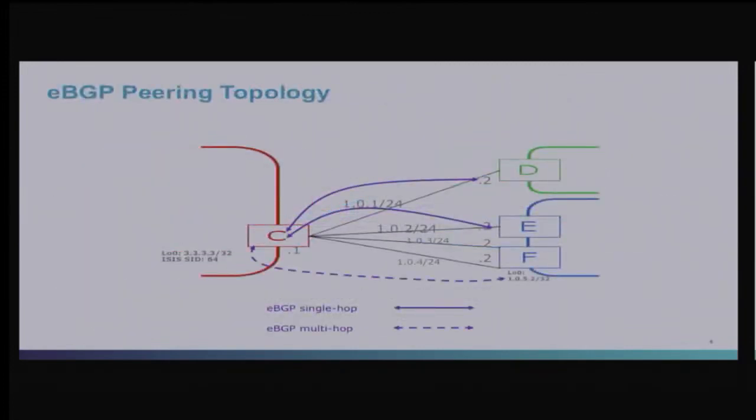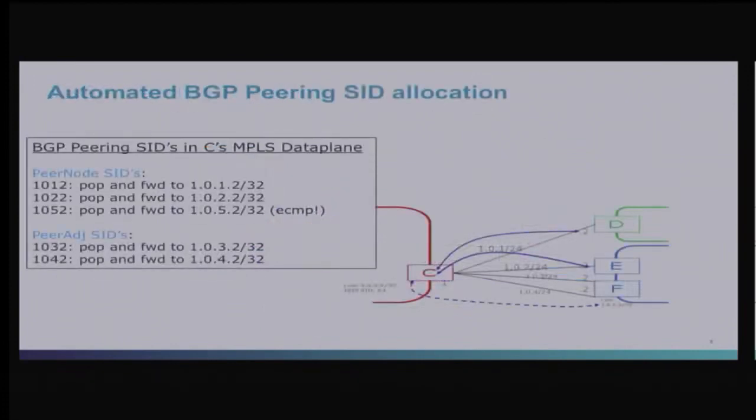Let's zoom into the eBGP peering topology of C. We have a single hop eBGP session to D, we have a single hop eBGP session to E, and we have in dashed a multi-hop eBGP session to F. That multi-hop eBGP session recurs over two physical interfaces from C to F. What the EPE functionality on the node C does is that it automatically allocates a local label for each peer.